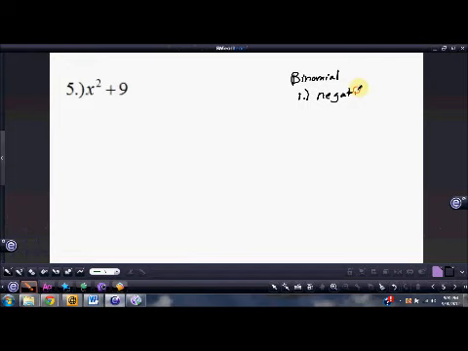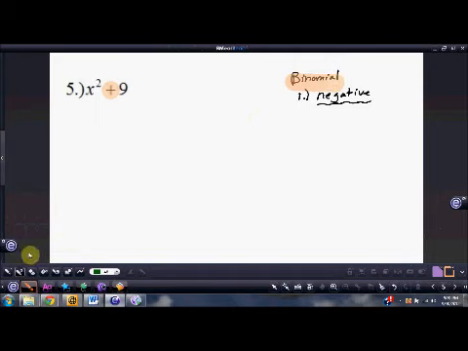Okay? What I want you to notice about this one, let me switch to a highlighter, is that it is a positive. Everyone see that? Okay. This positive sign tells me that this binomial is not factorable. Okay? So the only answer to this problem is not factorable.